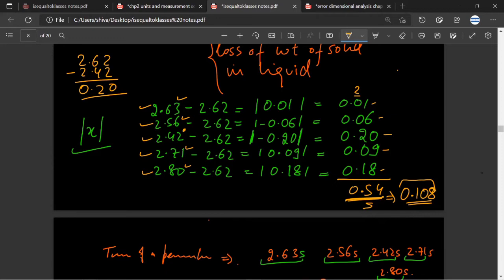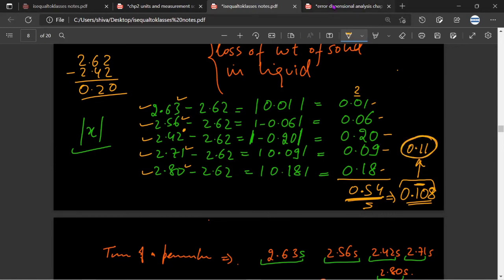Because we are adding 0.01, 0.06, 0.20, 0.09, 0.18, the digits depend on the places of decimals. There are 2 places of decimal, so your final answer should have only 2 places of decimal, and 0.108 would be rounded off to 0.11. This would be the final answer. Are we clear? Okay.